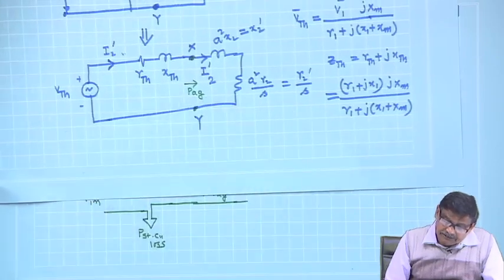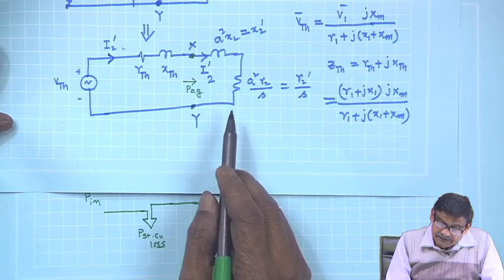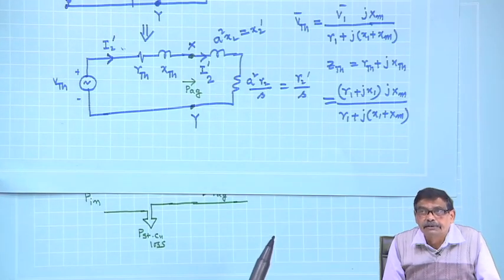And after that, what will it do? It has to supply the power loss in the winding resistance.